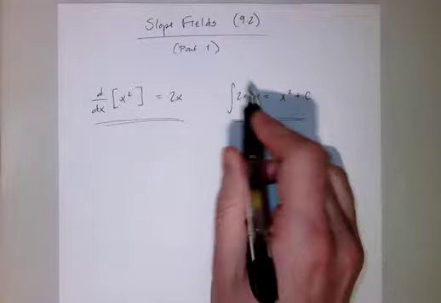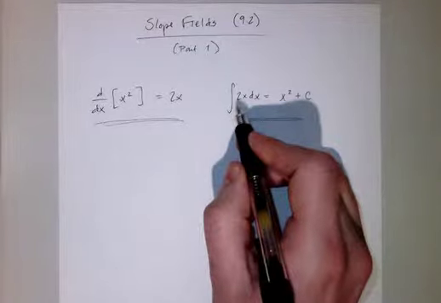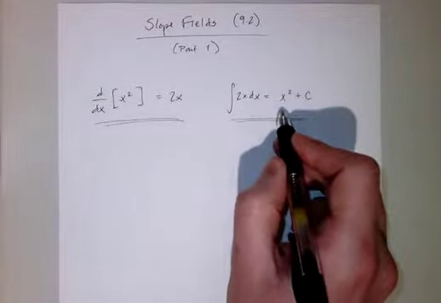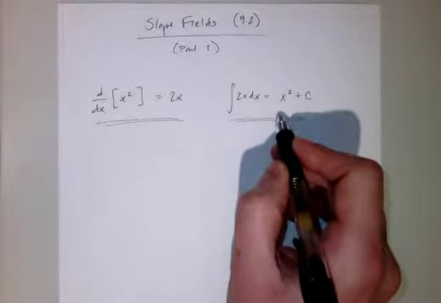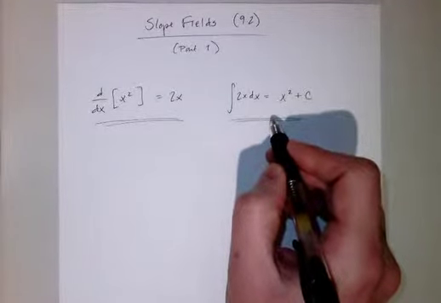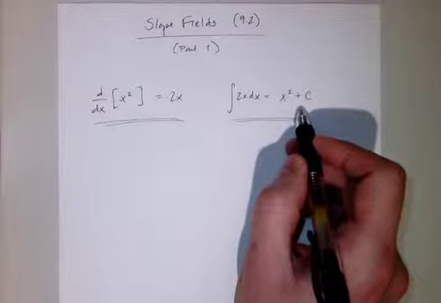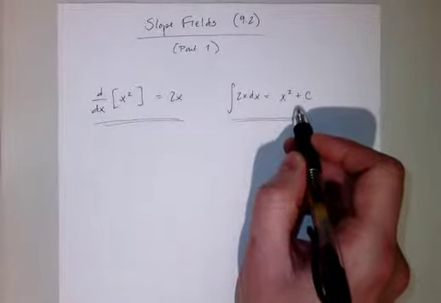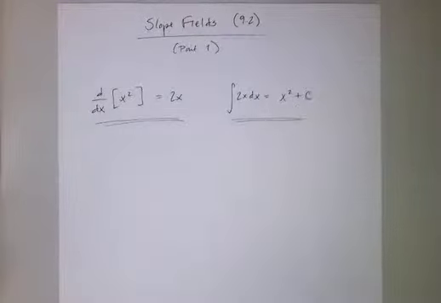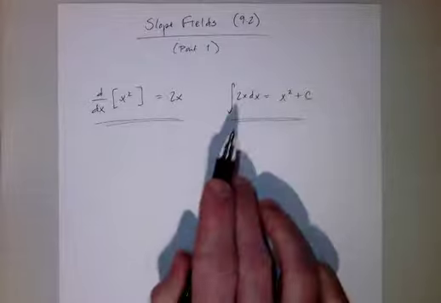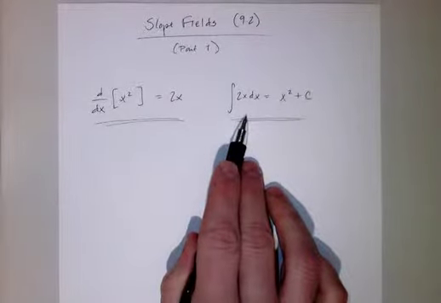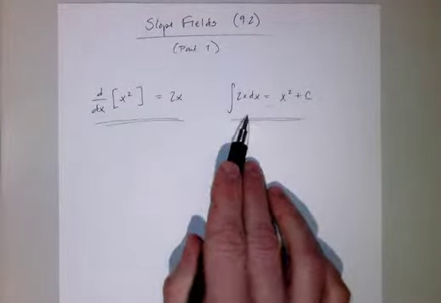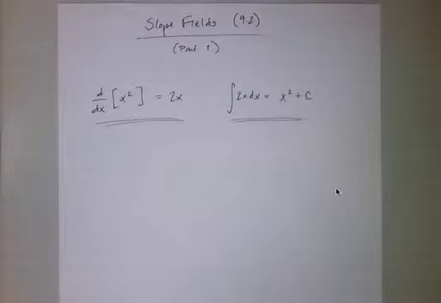Remember, the antiderivative of 2x is equal to x squared plus c. It describes a family of curves because there's that possibility of there being any constant sitting out there, hence why we put the plus c. Now what slope fields do is they take the logic of the integral and they basically amplify it, okay? So here's what we're going to do.